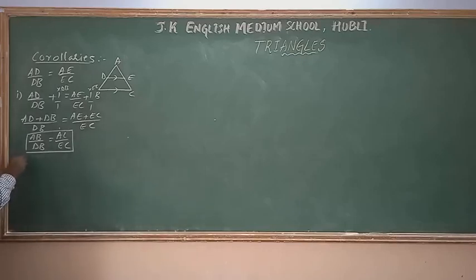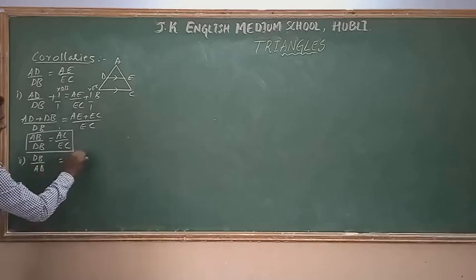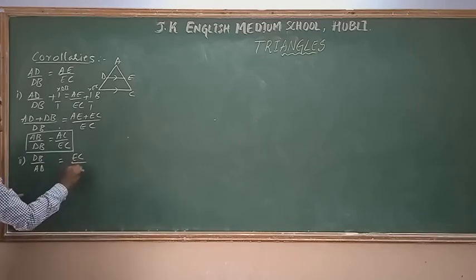Then coming to the second one, I'll reverse this ratio, that is DB upon AD is equal to EC upon AE. Even for this, let me add one.